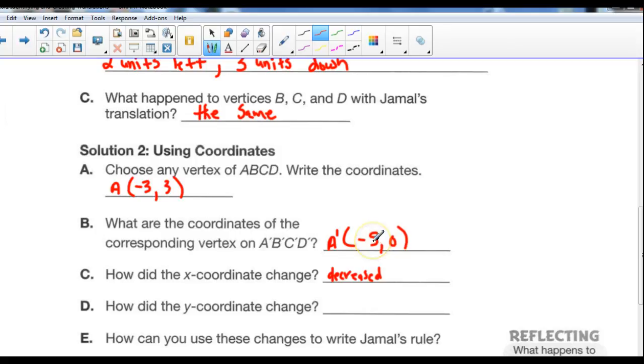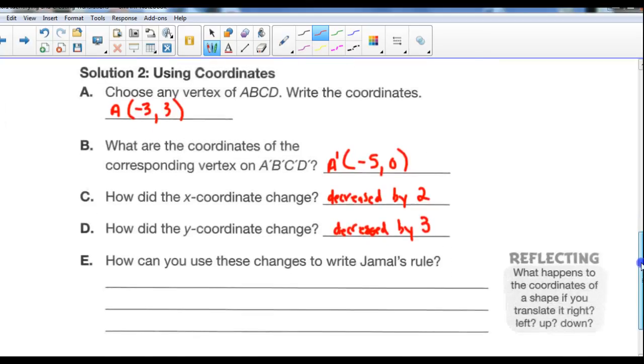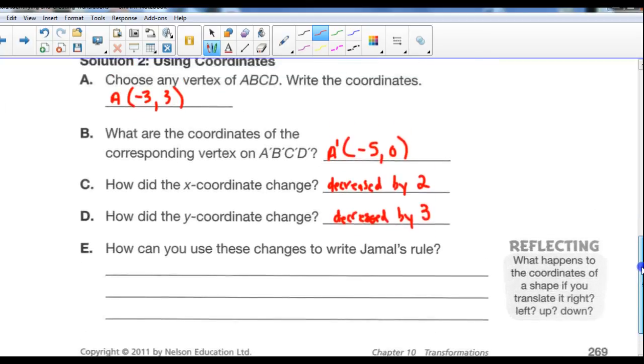So you have to remember your number line from elementary school. Okay, so you decreased by 2. And how did the y coordinate change? Well, it started at 3, went to 0. It went down, it decreased by 3. Okay? How can you use these changes to write Jamal's rule?